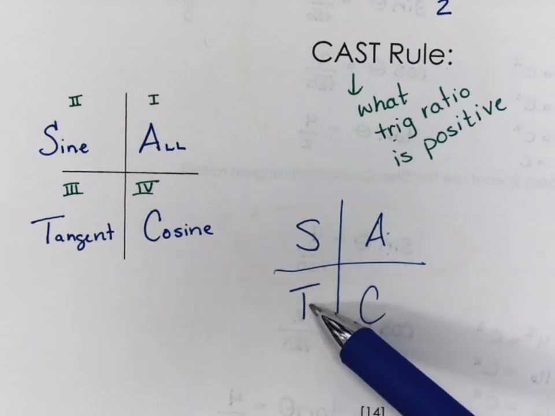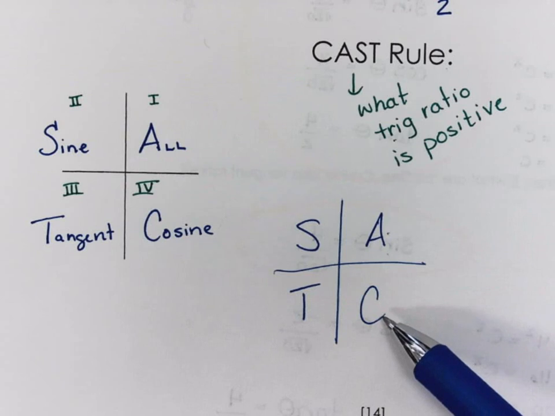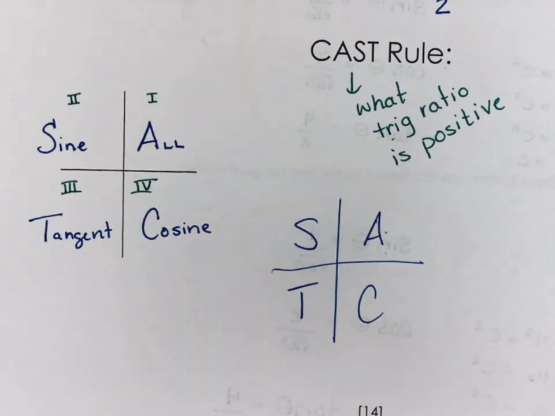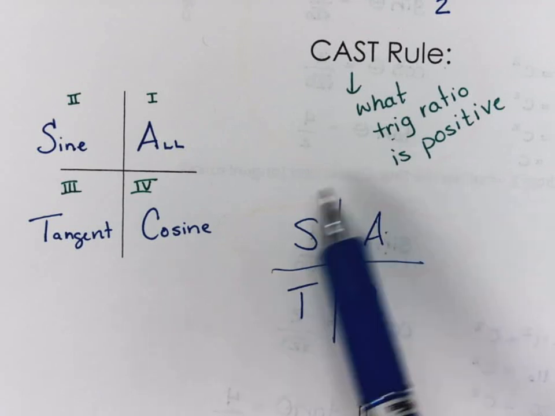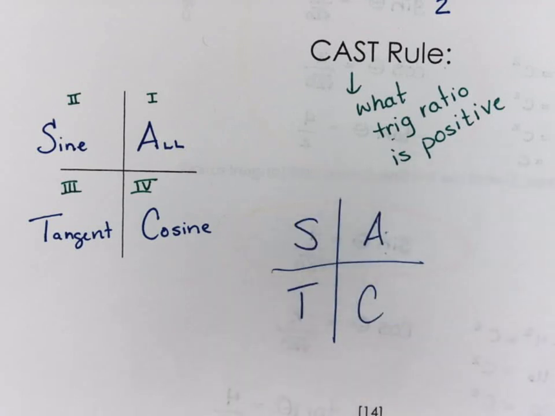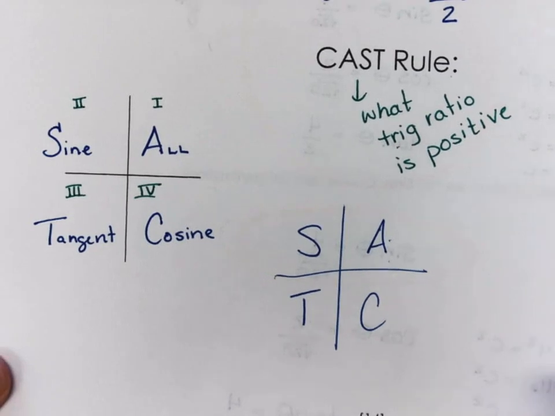Quadrant 3, tan will be positive. And quadrant 4, cos will be positive. And you're like, great, that again, I don't get where this is going. It's all going to connect, but this is a cool way to remember which trig ratio is positive in each one.